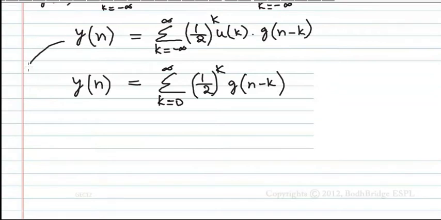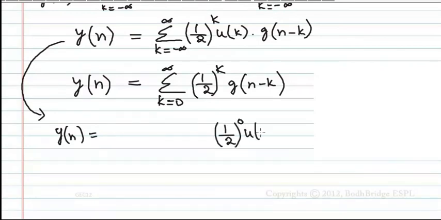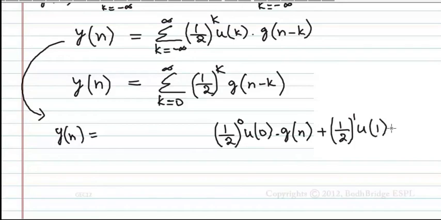This y of n can be written as, the center term is (1/2)^0 u of 0 into g of n, plus (1/2)^1 u of 1 and g of n minus 1, plus so on. And what are the backside terms? (1/2)^-1 u of minus 1, g of n plus 1.